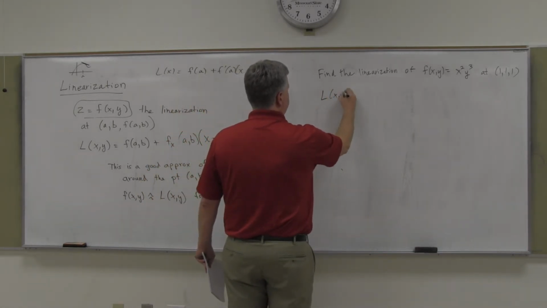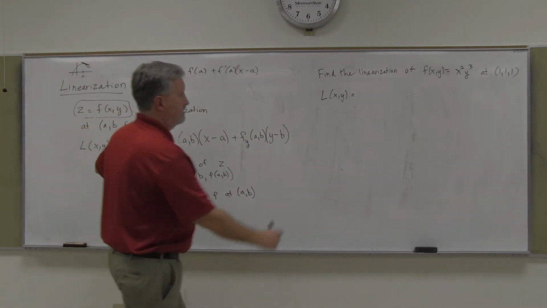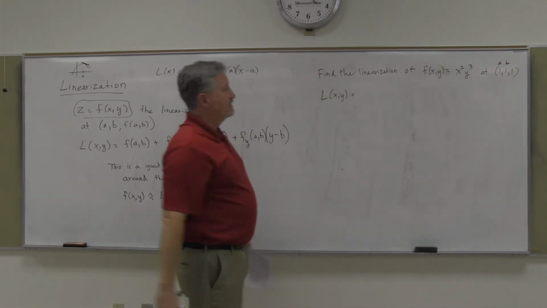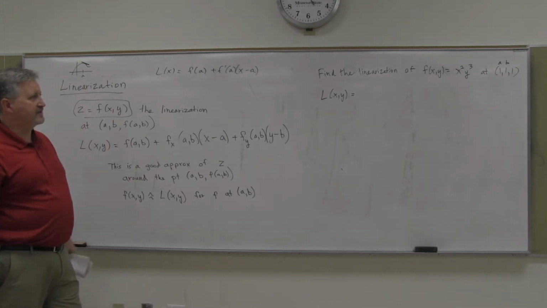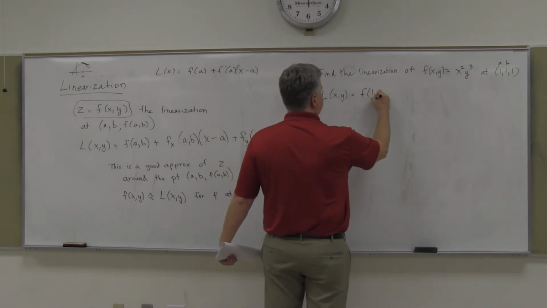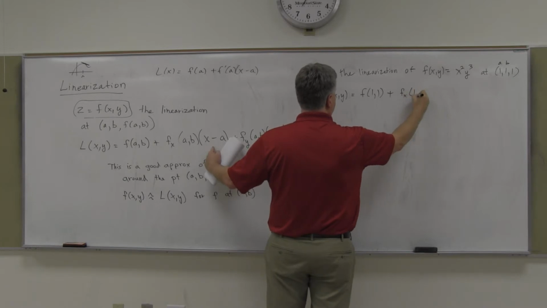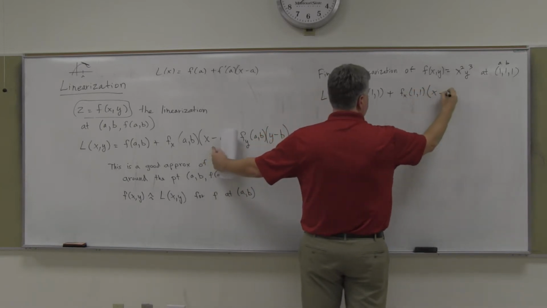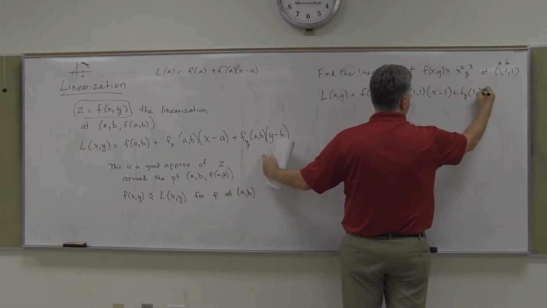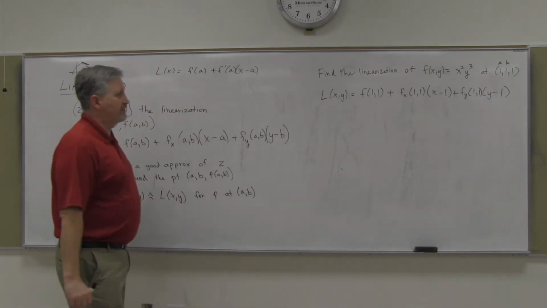So L of x, y, the linearization, is f of A, B. This is our A, this is our B. We're just calling it A and B instead of x0, y0. So I need to do f of 1, 1. That's easy. Plus partial of f with respect to x at 1, 1 times x minus 1. And then plus partial of f with respect to y at 1, 1 times y minus b, which is 1 also. So we can figure out those things.